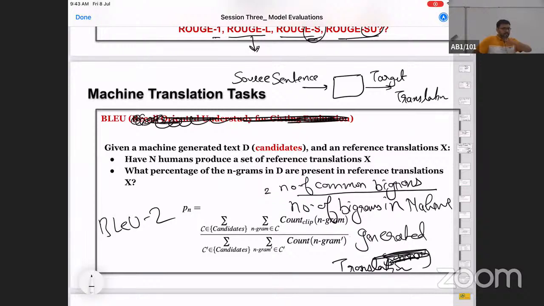You can get an idea from our initial discussions, where we defined precision and recall. So what does precision measure?